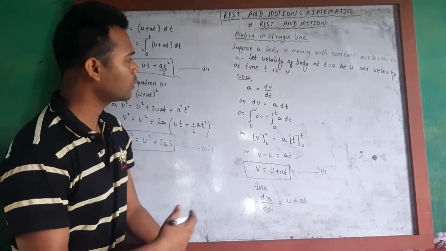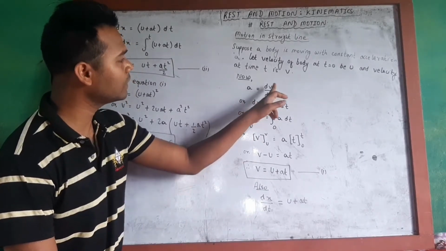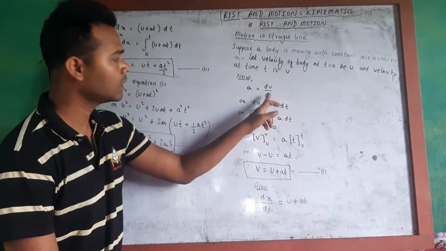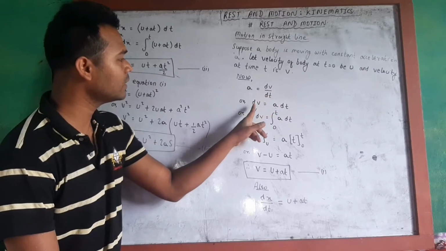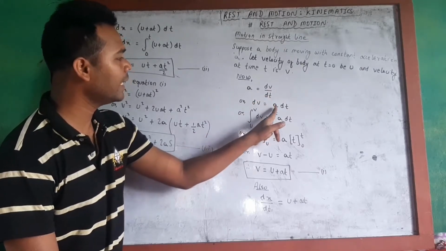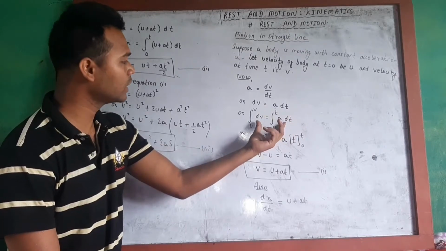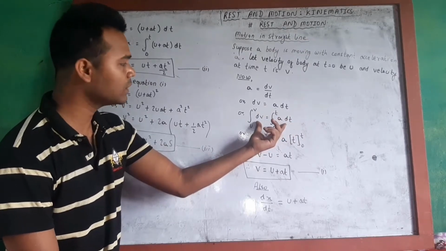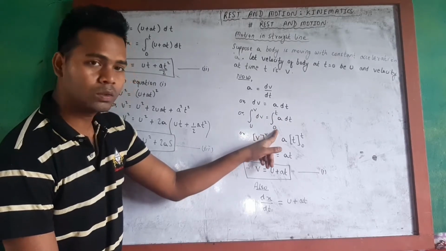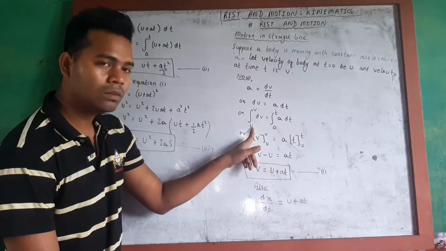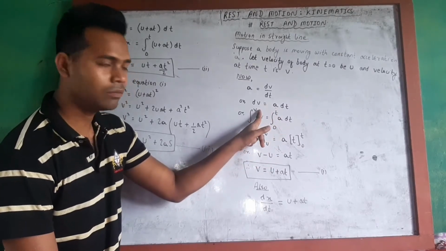Now, according to the definition of acceleration, acceleration equals the derivative of velocity with respect to time. That's why a equals dv by dt. Rearranging this equation, we get dv equals a dt. Now integrating both sides with appropriate limits, that means when time is 0, the velocity is u, and when time is t, the velocity is v.